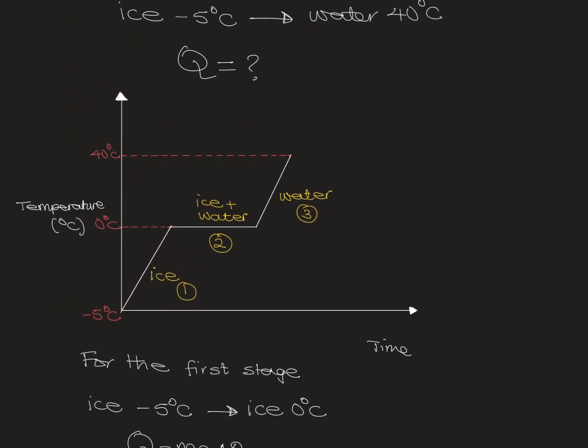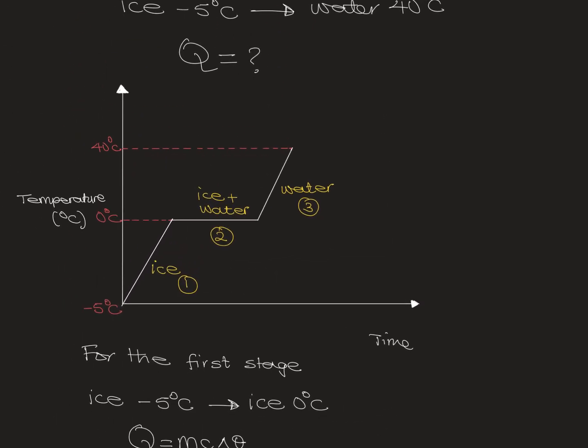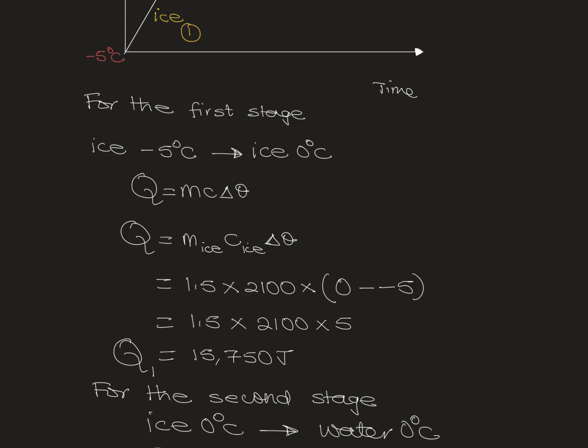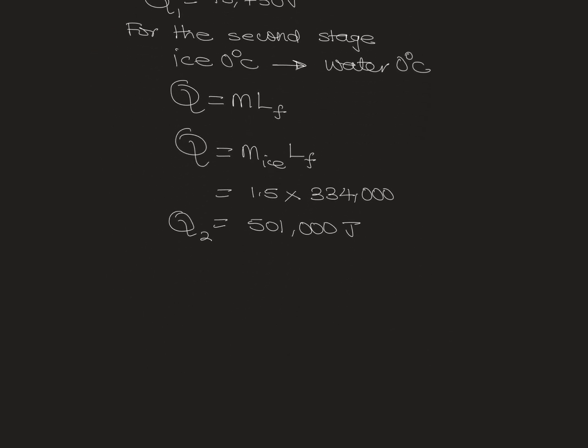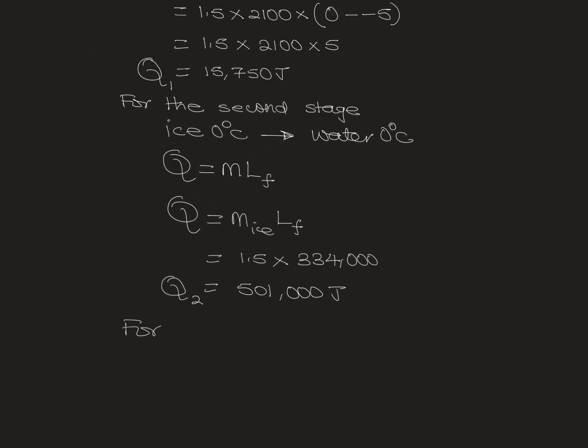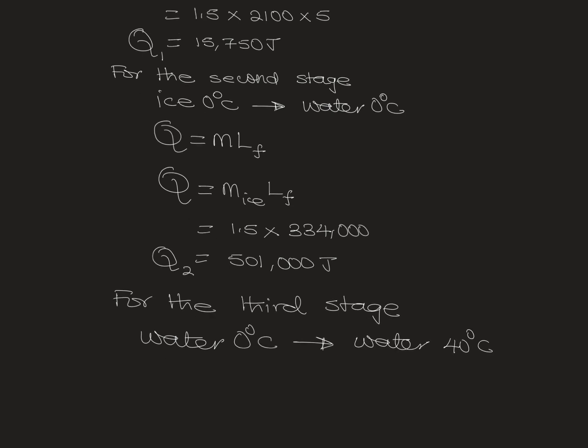So moving on to the third stage, we're going to have water at 0 degrees Celsius to water at 40 degrees Celsius. For the third stage, we have water at 0 degrees Celsius to be converted to water at 40 degrees Celsius.